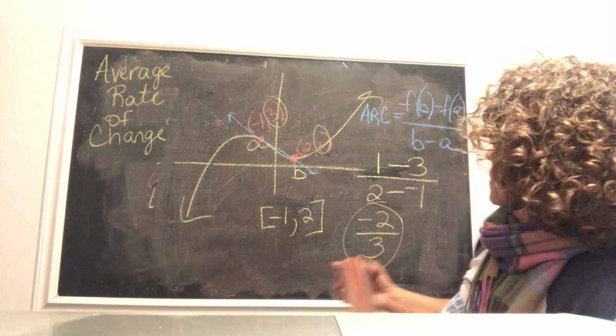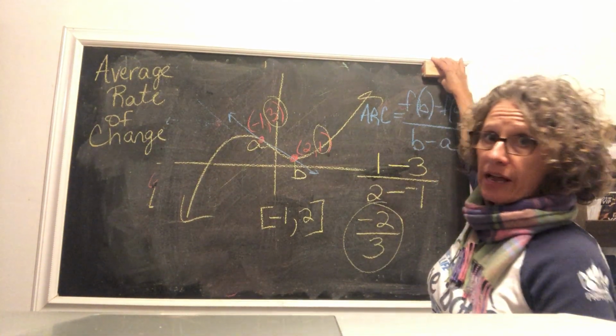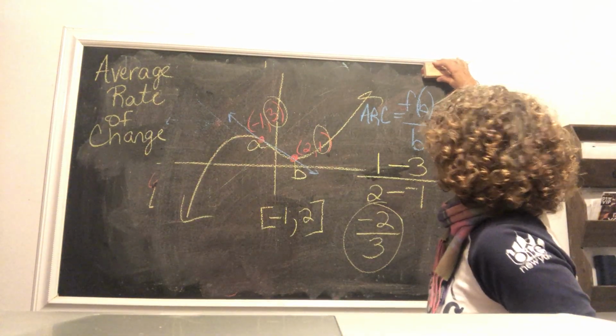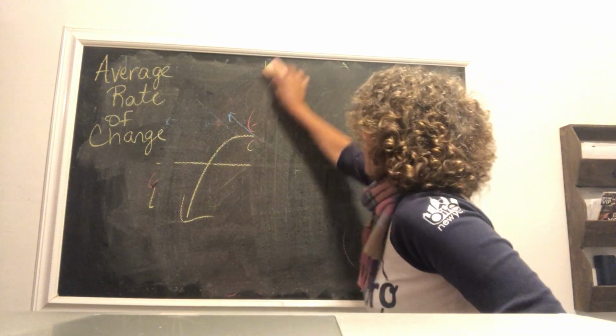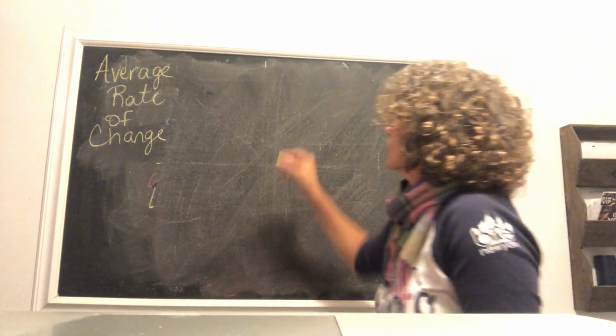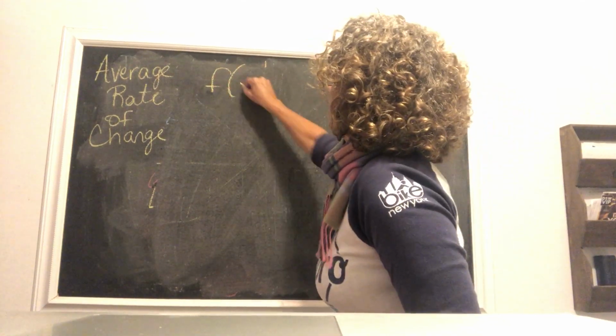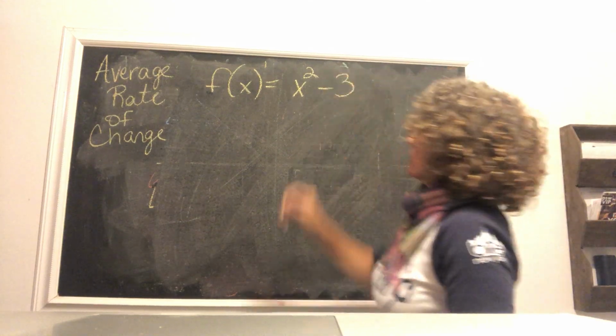Okay. All right, so now what happens if I don't have a graph and I actually have a function that I want to calculate the average rate of change for? In this type of problem, I don't have a picture of it. I'm only calculating it based on the function that's given. So here's a function. It's quadratic.